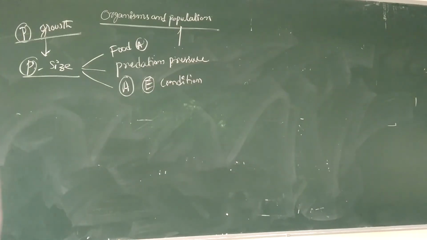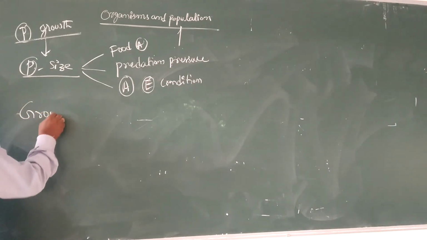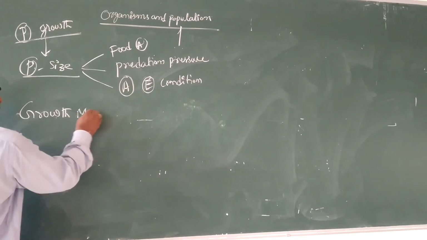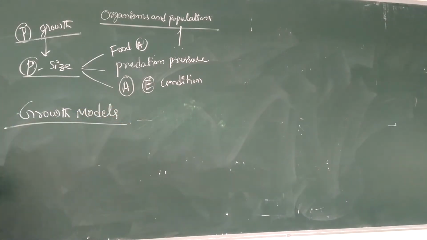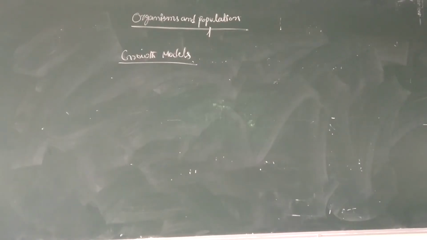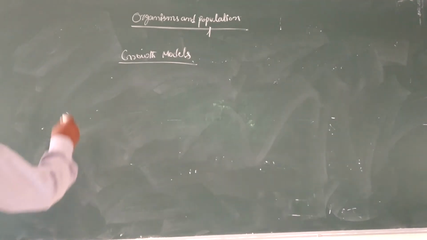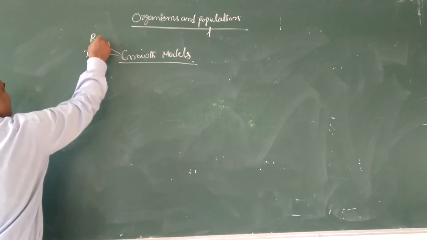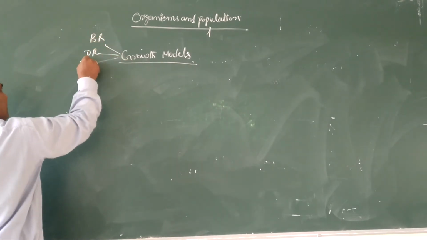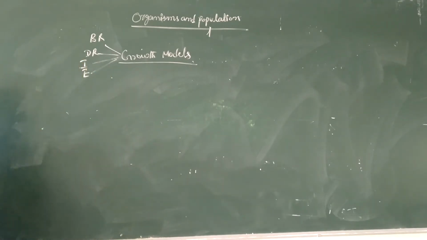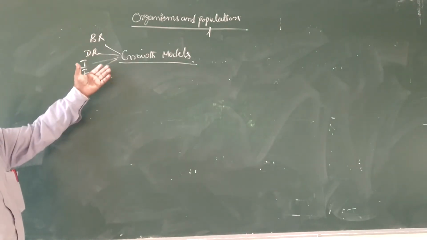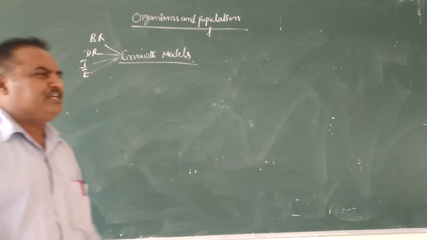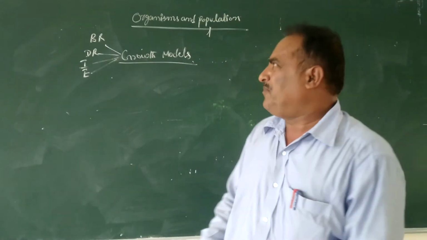Next is growth models. The growth depends on the four factors: birth rate, death rate, immigration and emigration. These are the factors which fluctuate the population density, population size or population growth.